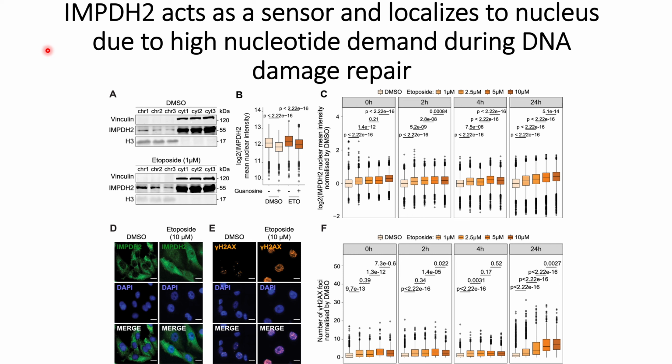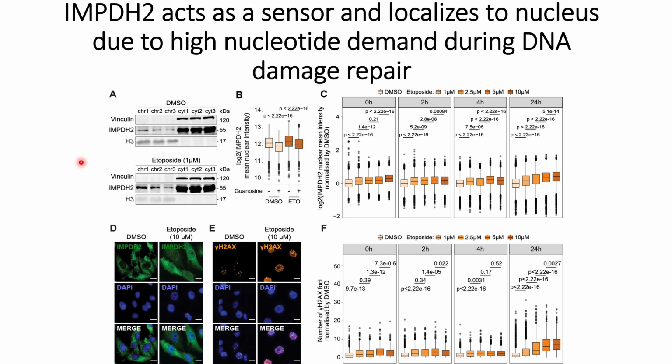At that point, they observed an increase in IMPDH2 during the DNA damage repair. So now they go one step further to find out whether this IMPDH2 acts as a sensor.